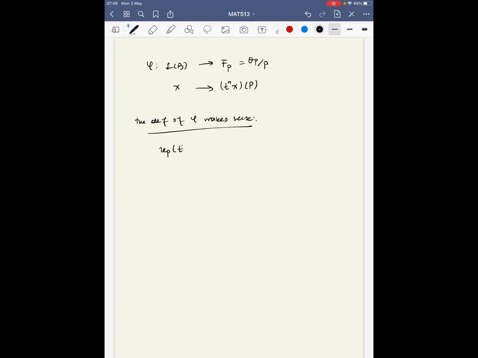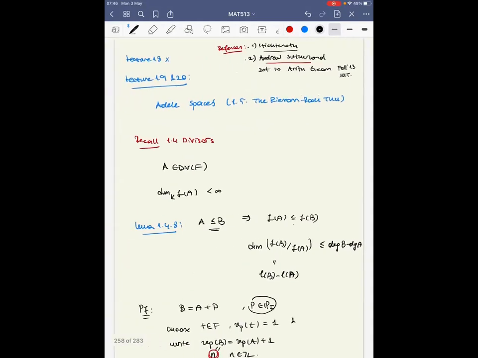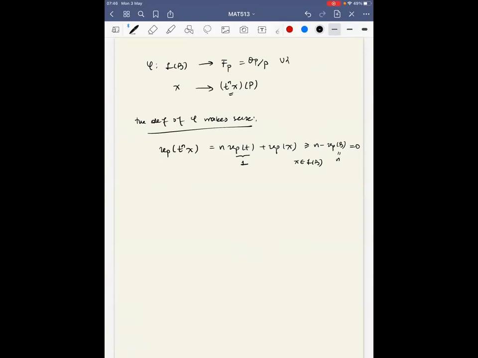If you consider the valuation of the function t to the n times x, by the properties of the discrete valuation, we can see that this valuation is always nonnegative. So the image cannot be infinity, and this definition makes sense.